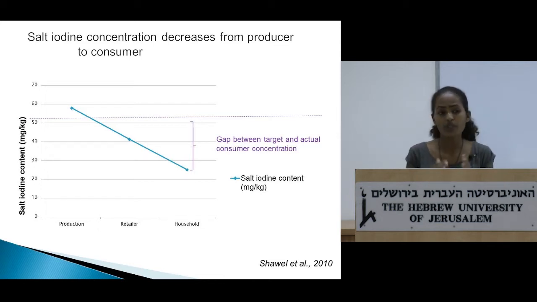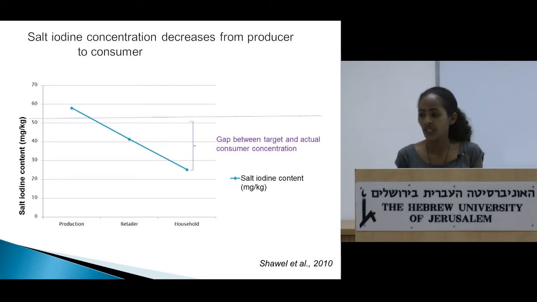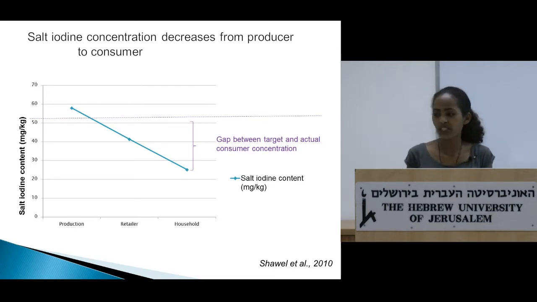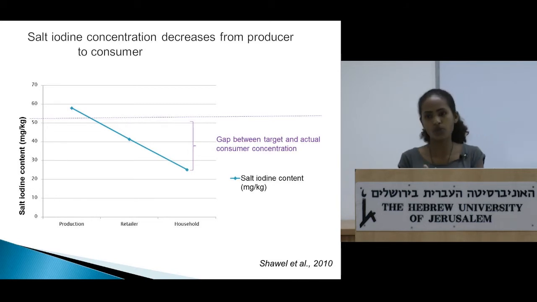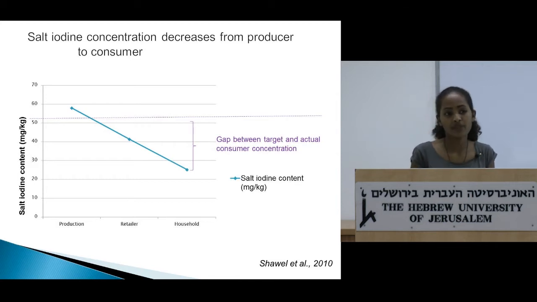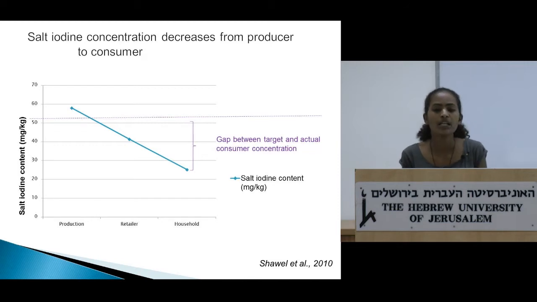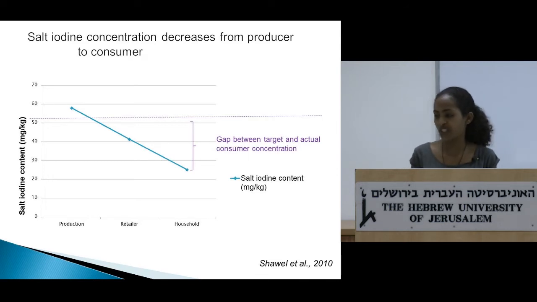For example, from the producer to the retailer, it decreased by 27%, and from the retailer to the household, it decreased by 50%, and generally from the production side until it reached the consumer level, it decreased by 57%. This indicates that further work needs to be done to look at the transportation, handling and distribution, in order to achieve the program goals, and also in order to eliminate the problem of iodine deficiency in the country.